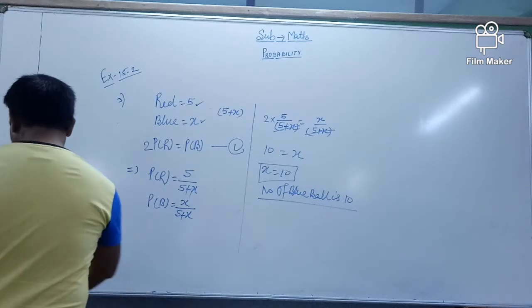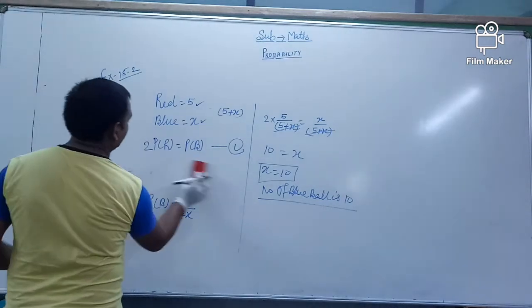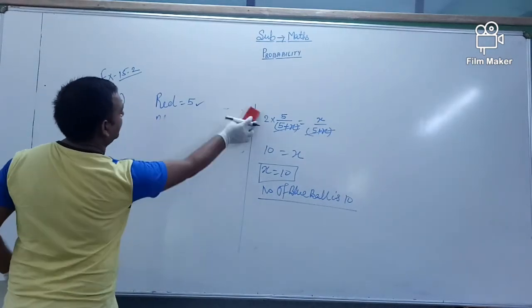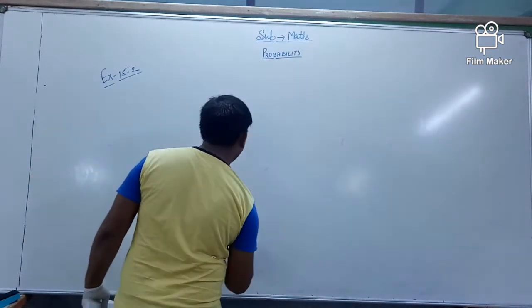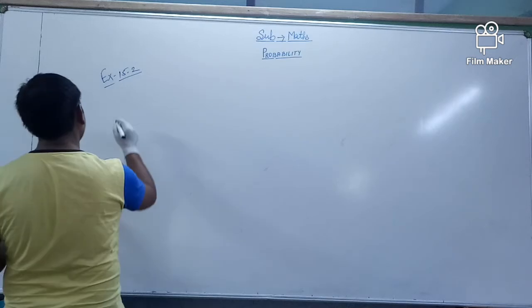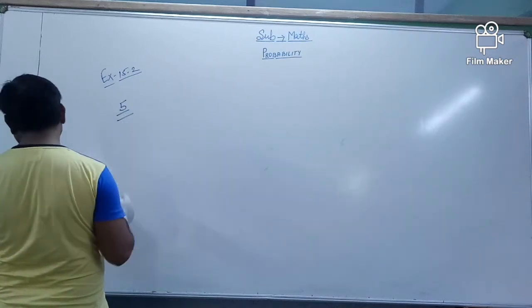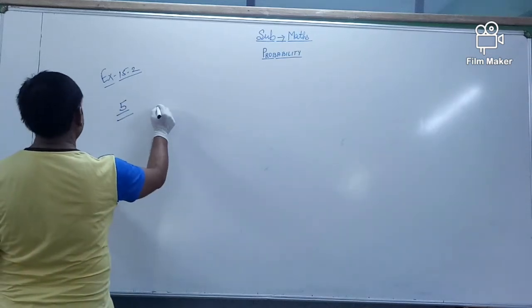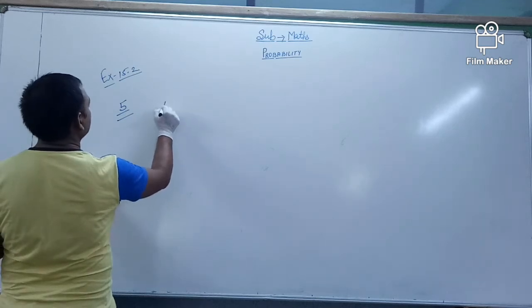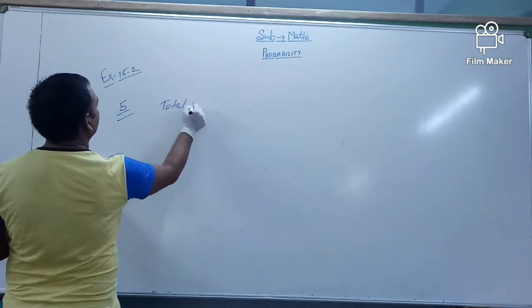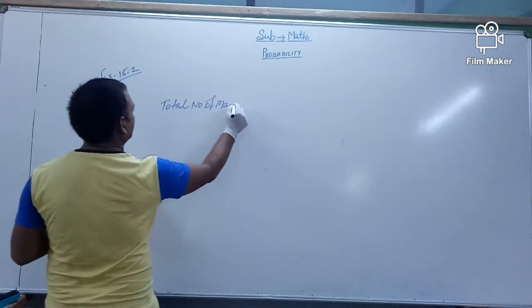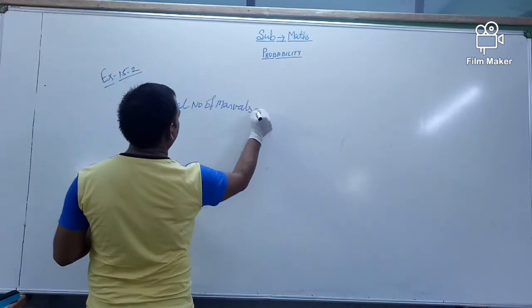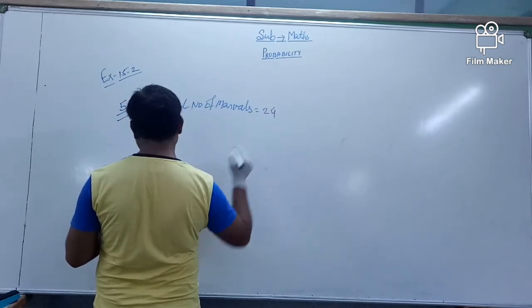Next question number 5, the last question of this exercise and this chapter. A jar contains 24 marbles. Total number of marbles is equal to 24.